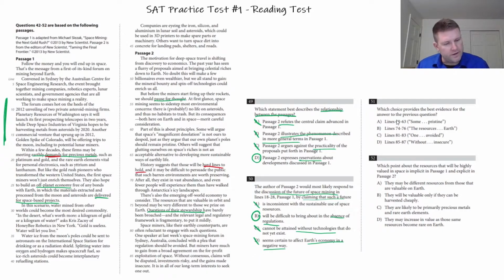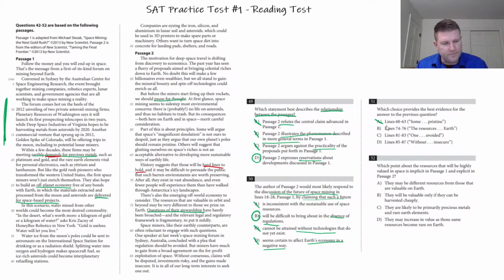And then if we look at 51 here, best evidence for the answer to the previous question, let's go through and figure out where he most directly says this, right? So if we look at lines 60 to 63, part of this is about principles. "Some will argue that space's magnificent desolation is not ours to despoil, just as they argue that our own planet's poles should remain pristine." This is not saying that space mining should be heavily regulated, or else we face a bunch of legal turmoil, right?